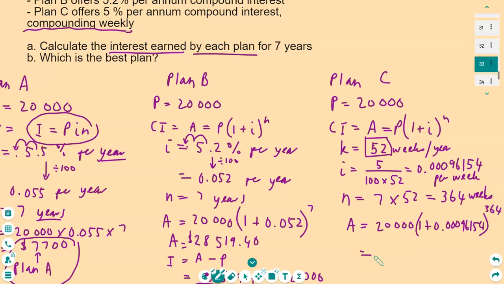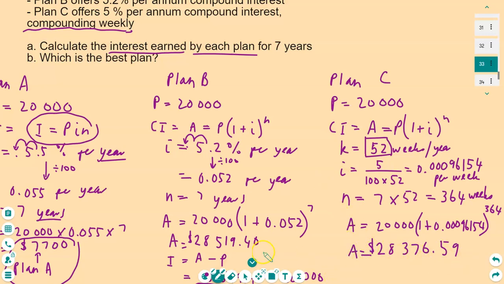Don't forget all those zeros when you input it into your calculator. 20,000 times 1 plus 0.00096154 to the power of 364. $28,376.59.